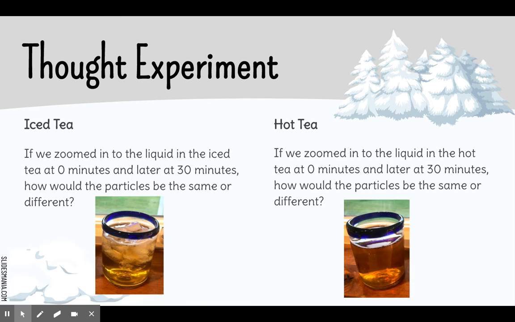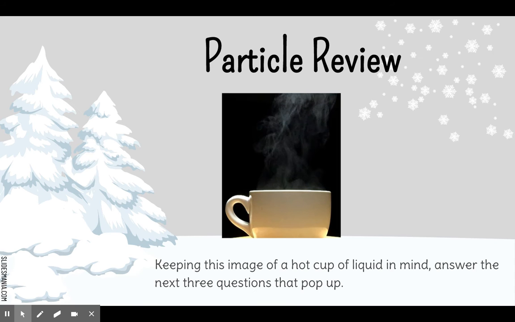And then after it's been sitting out at room temperature for 30 minutes, the hot tea is going to have cooled off. Those particles are still going to be in a liquid formation, but they are going to be closer together, maybe even moving a little bit more slowly. So keeping this image of this steaming hot cup of whatever in mind, answer these next three questions that pop up on the Edpuzzle.